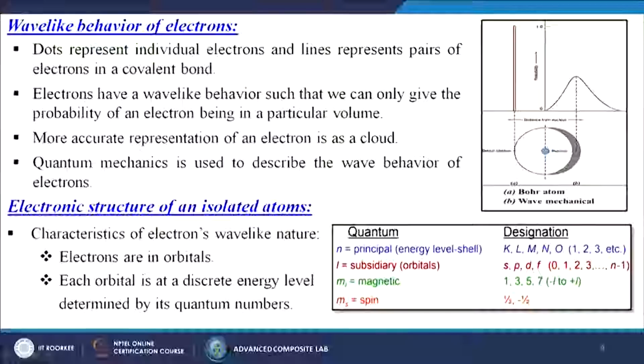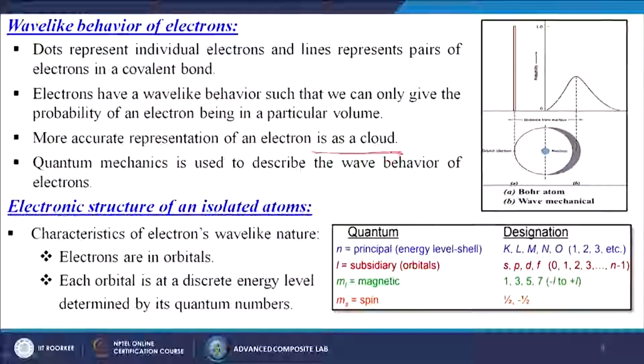Generally, it is a wave-like behavior. Dots in this particular case represent the individual electrons, and lines represent the pairs of electrons in a covalent bond. In this case you can see some dots, which represent the individual electrons. Electrons have a wave-like behavior such that we can only give the probability of an electron being in a particular volume. A more accurate representation of an electron is as a cloud.